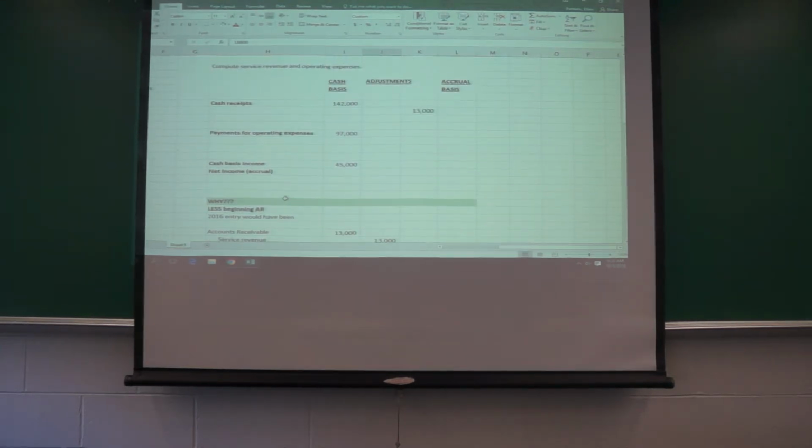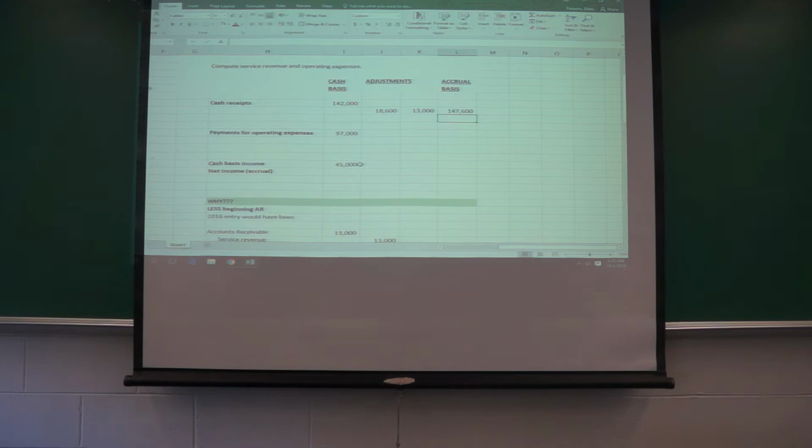So for this to get to an accrual basis, we have to add that 18,600. So to get from cash to accrual revenues, we're going to go plus the 142, plus the 18.6, minus the 13, and so our accrual-based revenue for 2017 would be the $147,600.